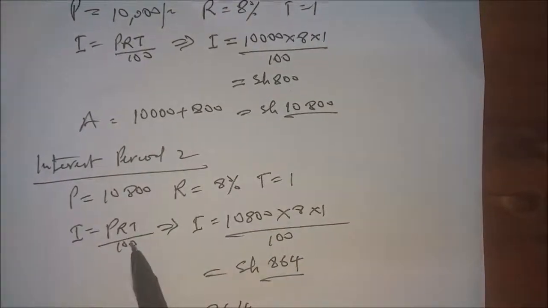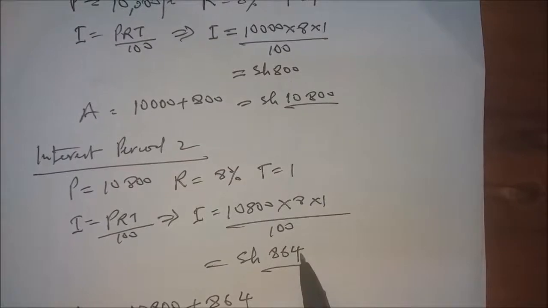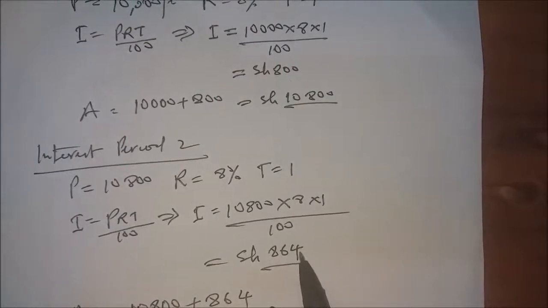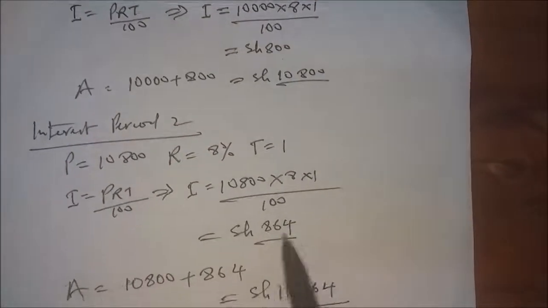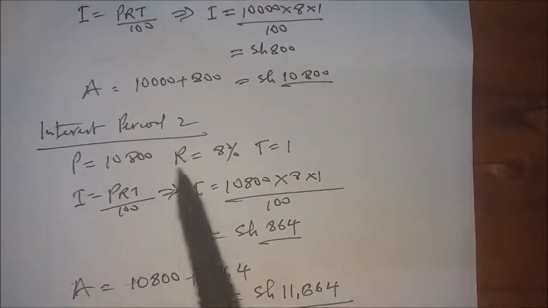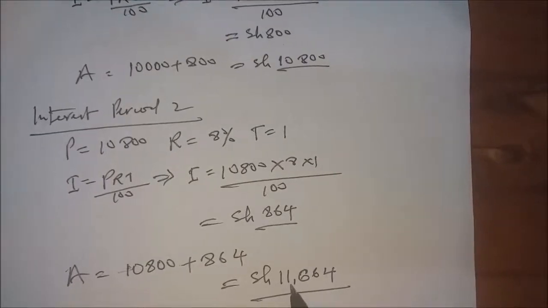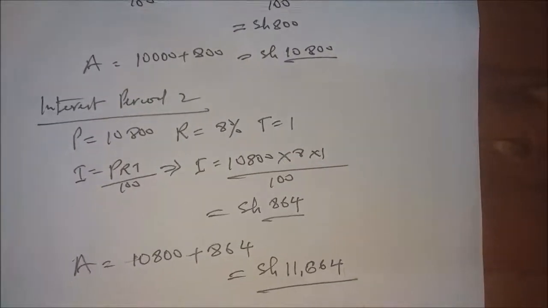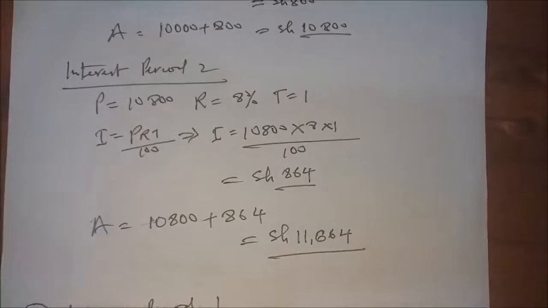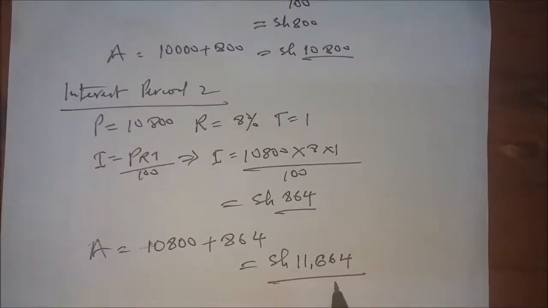We apply this formula and we get the interest as 864, so that at the end of period 2, the amount is 10,800 plus interest of 864, and that gives us 11,664. This is the final amount at the end of 2 years.